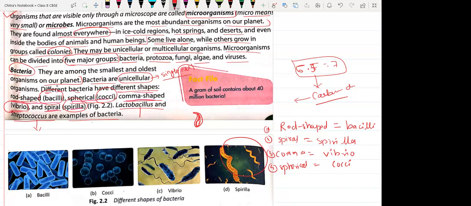If they are spiral shaped, they are called spirilla. If they are comma shaped, they are called vibrio. If they are spherical, they are called cocci. Understood now?